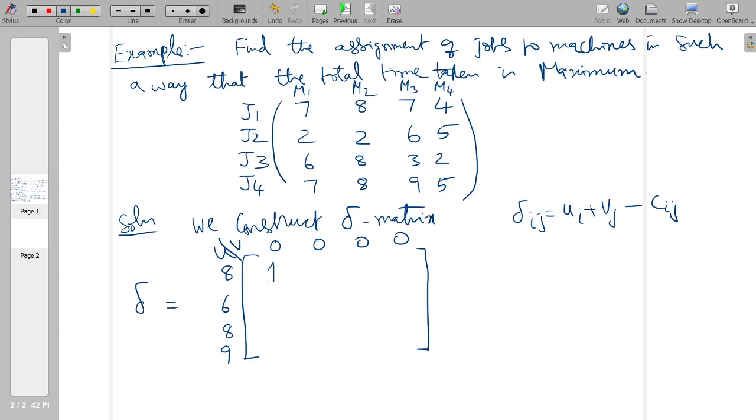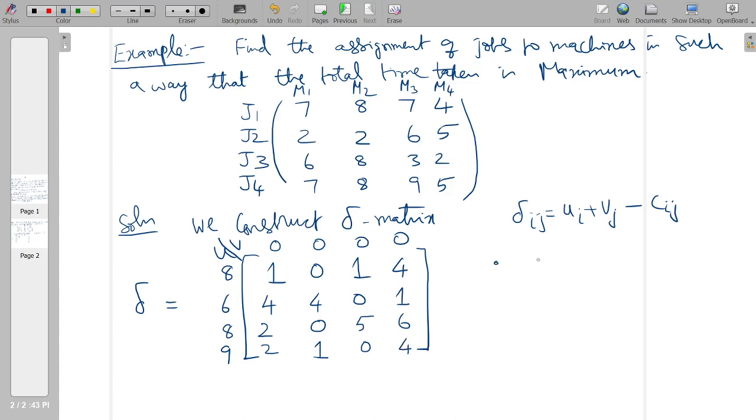So I'll have 1, 0, 1, 4. Second row entries would be 4, 4, 0, 1. Third row entries are 2, 0, 5, 6. Last row entries are 2, 1, 0, 4.